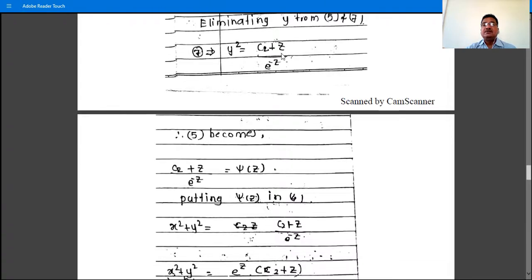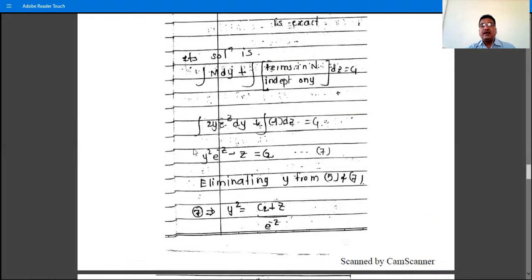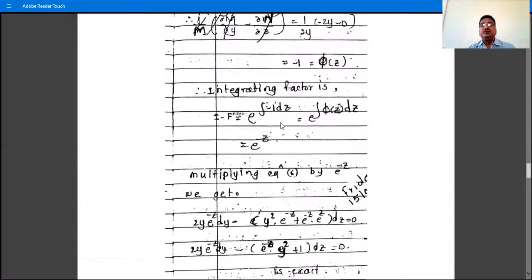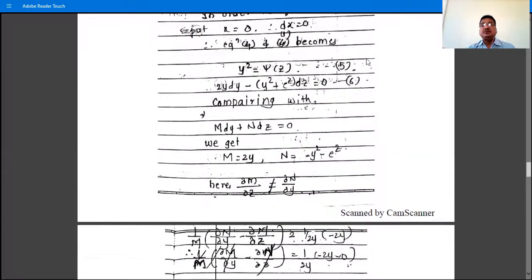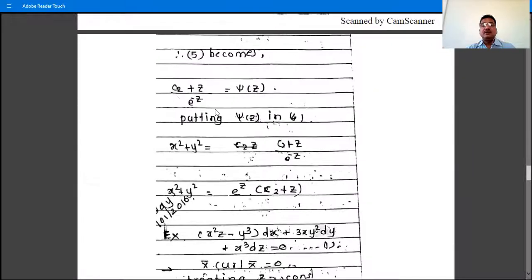So we have (c2 + z)/e^(−z) equal to psi(z). Substitute y as root psi(z), because from equation number 5 we have y is root psi(z). We have this, and then we have the value of psi(z).